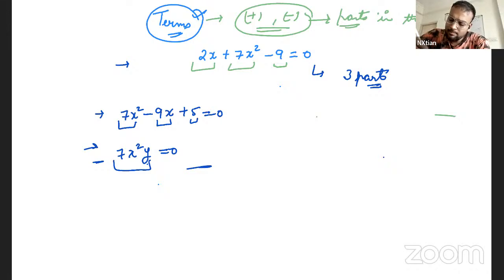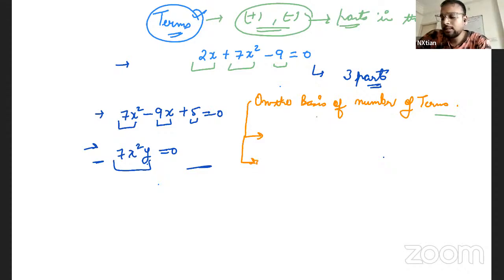Now, on the basis of number of terms, there are four types. Number of terms means how many terms are there.